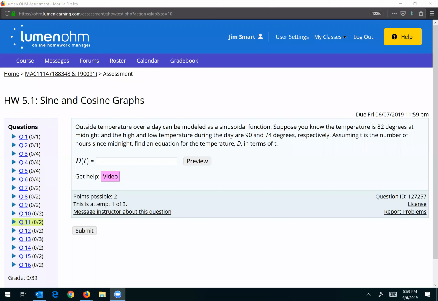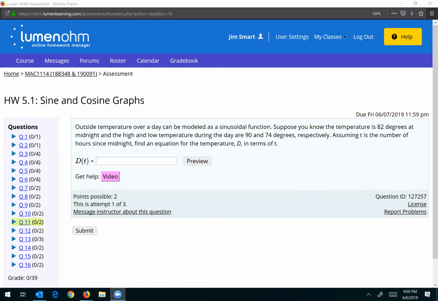Five point one, number 11. Almost there. All right, so here we go. Here is the problem.